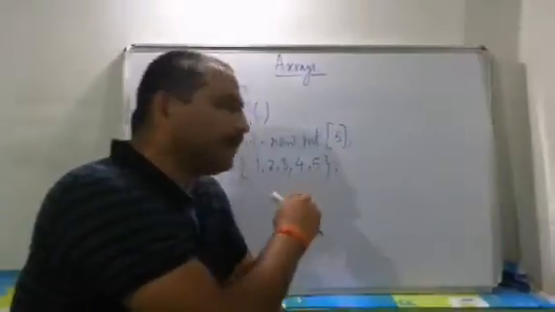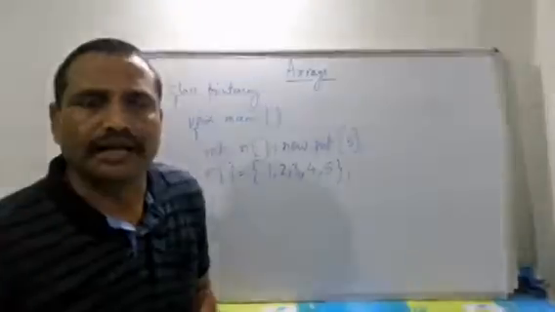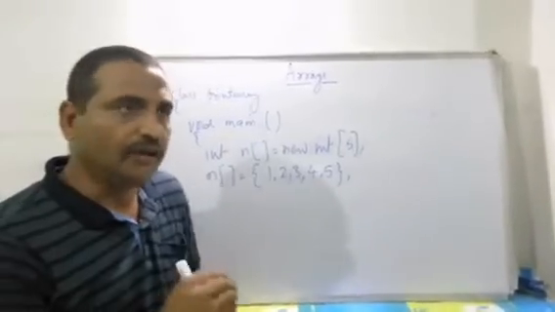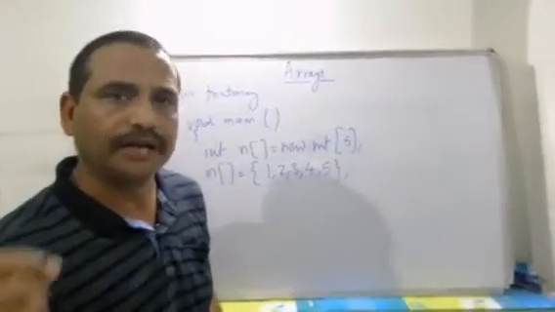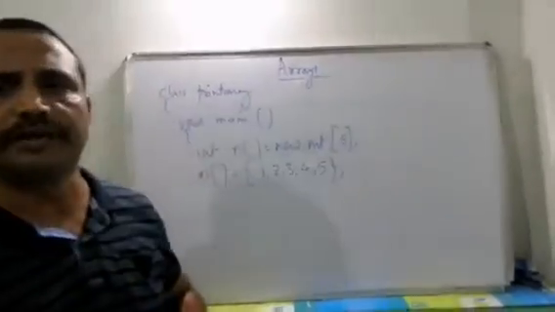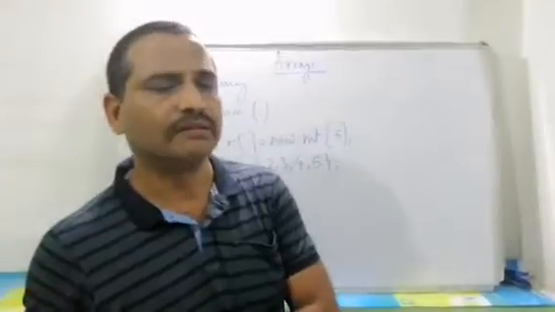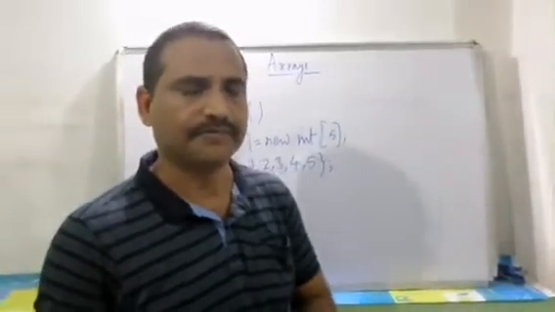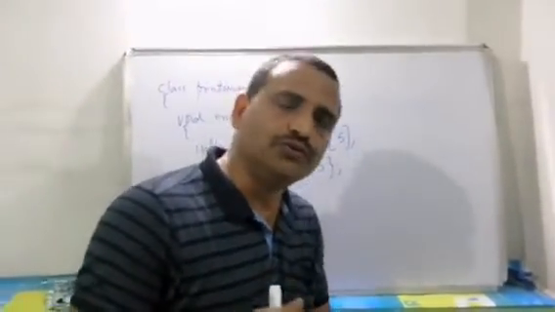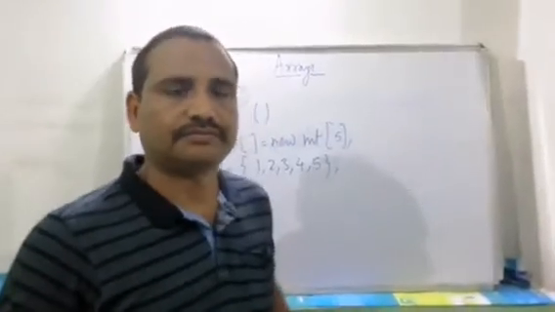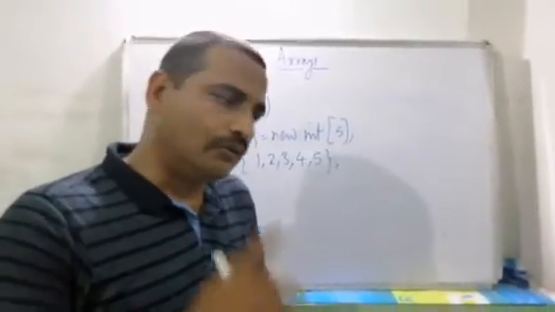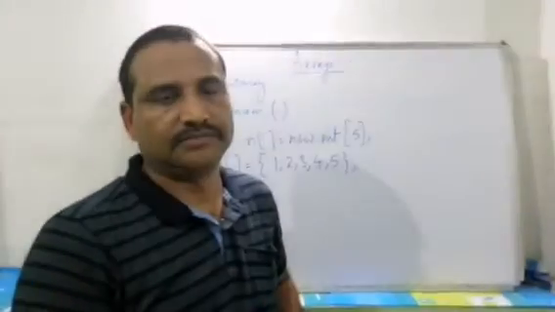We have to print 5 values of the array. It means how many times do you have to write this statement? 5 times. System.out.println, then again System.out.println, System.out.println. This is very difficult, to use a single statement more than one number of times. One method we are using.